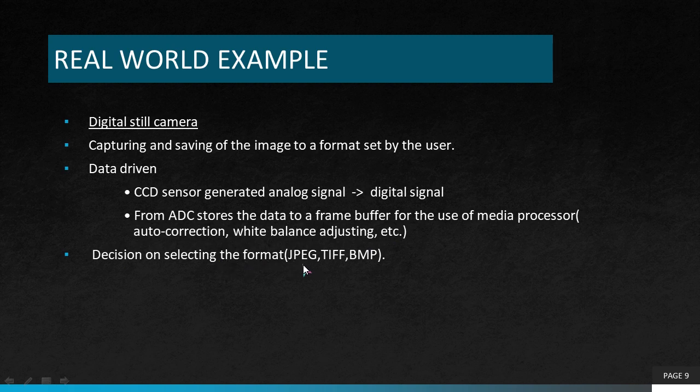So we are having a number of formats that we can save our picture. So decision is on selecting of this format. So both nodes are there. Decision nodes are there and data flow nodes are there. So this is the real world example for control data flow graph.